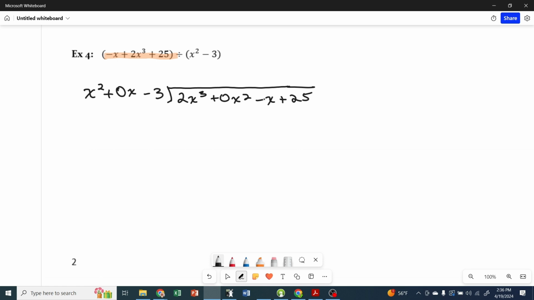So we go through the same process. Alright, the coefficient 1 goes into 2 two times, x squared goes into x cubed x times.